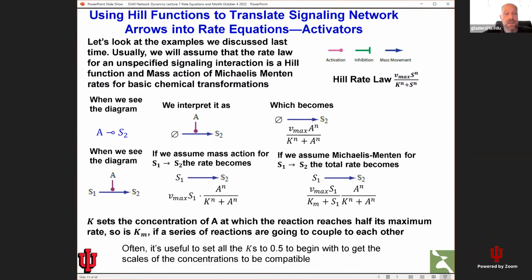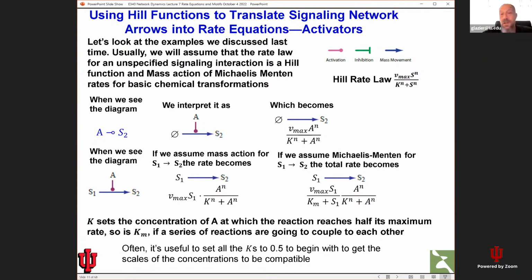If you really don't know anything about concentrations, the one thing that you can say is that biologically, if A is going to regulate this reaction, then you expect that the value of A in the experiment will sometimes be less than K and sometimes be bigger than K. Because if the level of A were always less than K, the reaction would always be turned off.